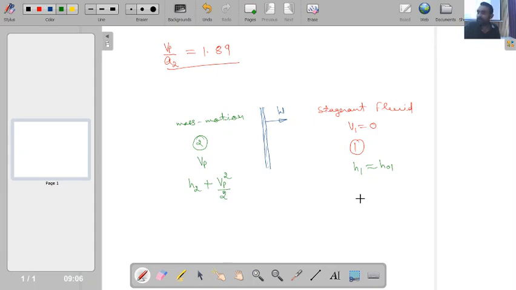Okay, so that will be our total energy. So this will be equal to nothing but our H02.